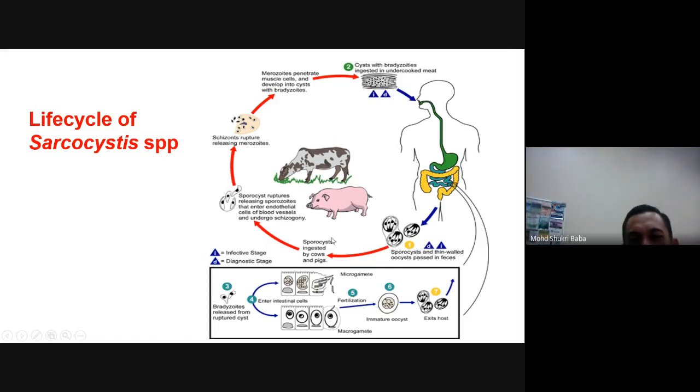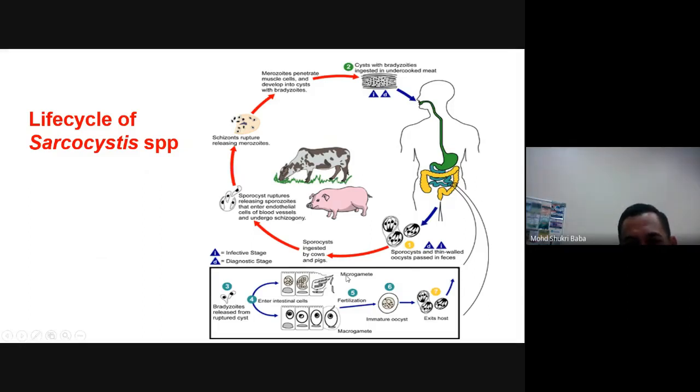Okay, so one thing saya nak bagi tahu dekat life cycle ini adalah penglibatan beef dengan pork dekat sini. Apabila awak makan daging kedua-dua tu, kalau tak betul-betul masak, dia akan masuk ke badan awak. Cyst tu akan berada di dalam daging lembu ataupun daging khinzir yang awak makan, yang kebetulan daging tu awak masak tak berapa sempurna. Okay, then this is what happen in your intestinal.